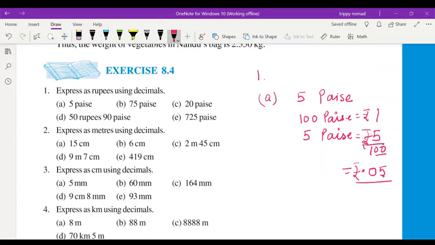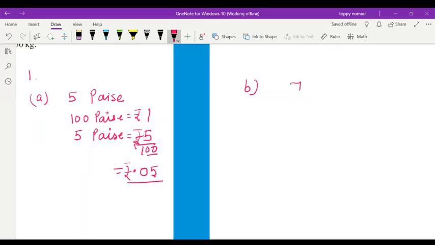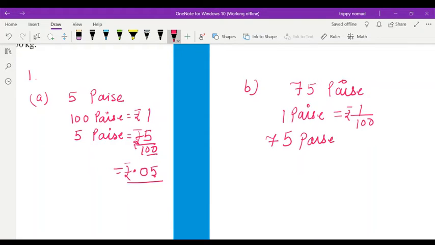I am doing 75 paise, B part. 1 paise you can write like this also, is equal to 1 upon 100 rupee. Then 75 paise is equal to 75 multiplied by 1 upon 100.